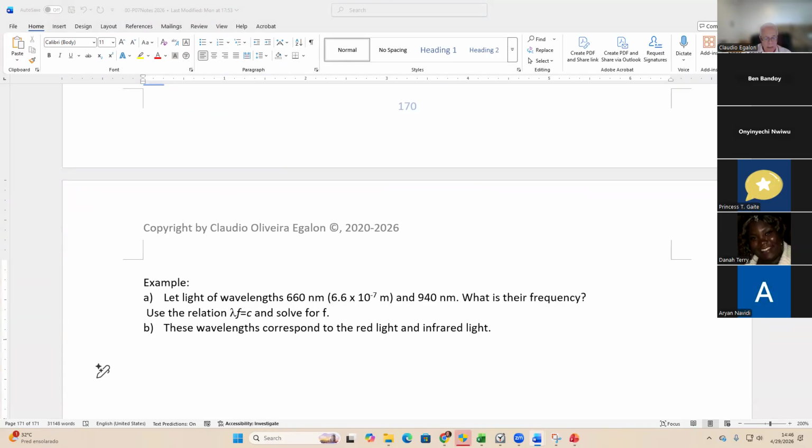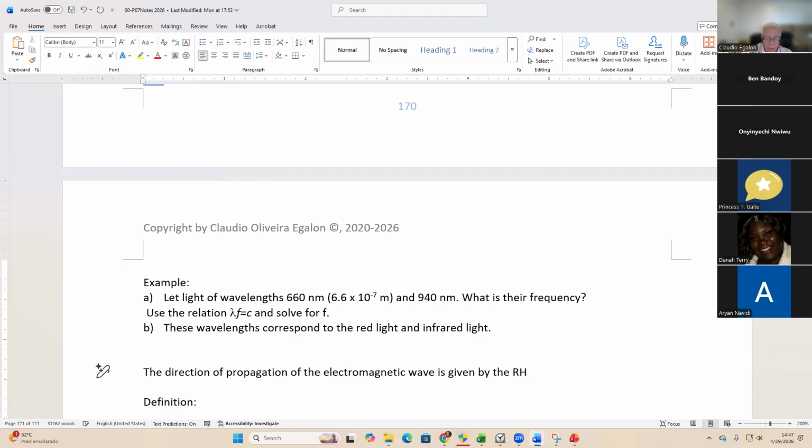So we have now this definition. And let's not forget the direction of propagation of the electromagnetic wave is given by the right-hand rule.